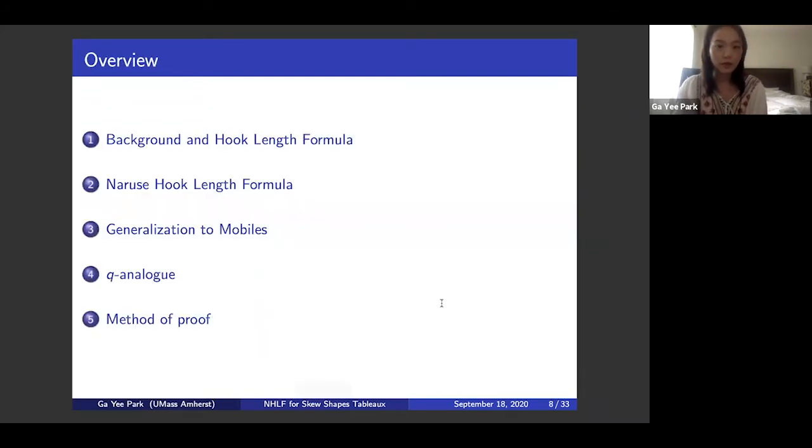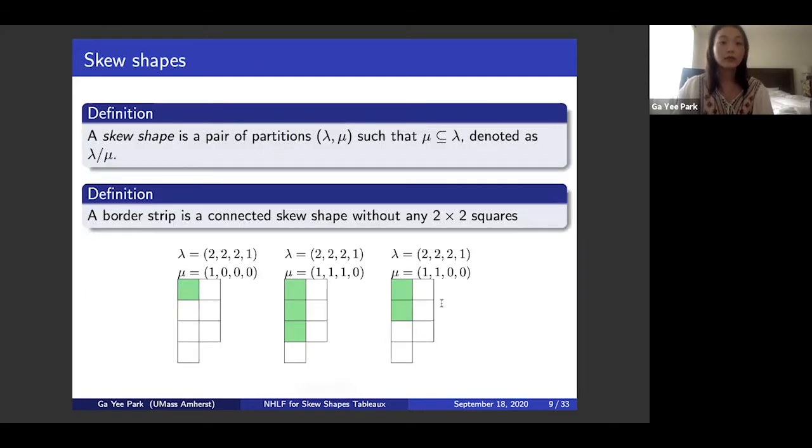Now that we have a hook length formula, we'll be talking about the Naruse hook length formula. To do that, first I have to introduce skew shapes. A skew shape is a pair of partitions lambda and mu such that mu is a subset of lambda. Basically, you draw lambda as previously, and then you take away mu from the corner.